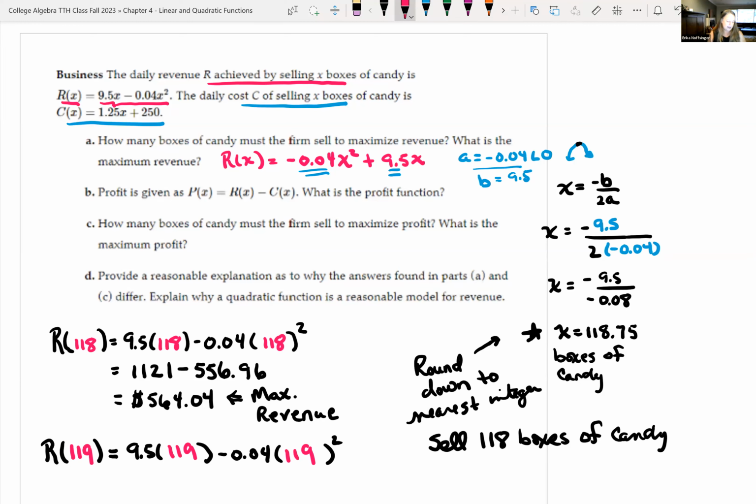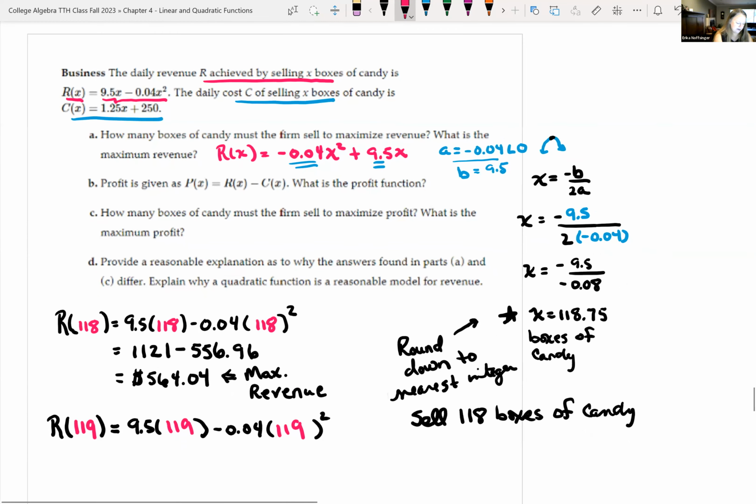So plugging that into the calculator, 9.5 times 119 minus, I'm going to square the 119, and I'm going to take that result and multiply it by 0.04. If you do this, actually, that's going to give us the maximum revenue, guys.